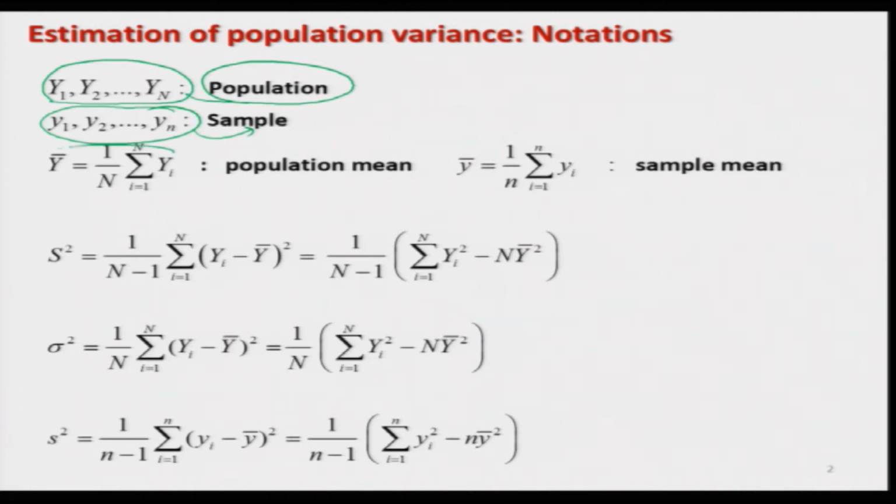Capital Y bar indicates the population mean, and similarly capital S square and sigma square reflect the population variance with the divisor N minus 1 and N. And small s square is the sample counterpart of capital S square, and we had seen in the last lecture that this quantity also helps us in estimating the variance of the sample mean under SRS WR and SRS WOR.